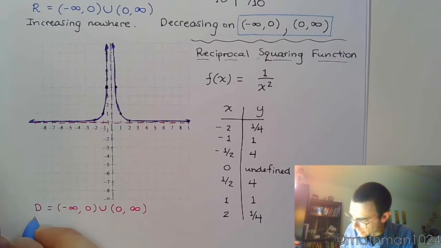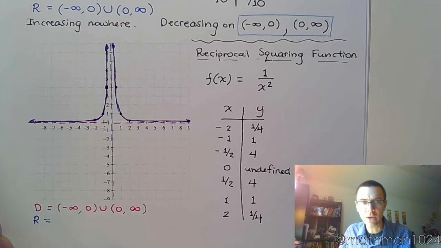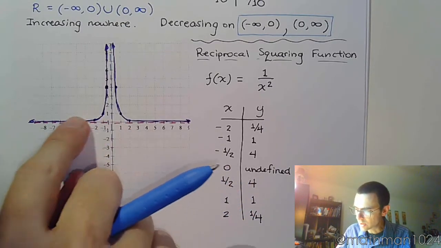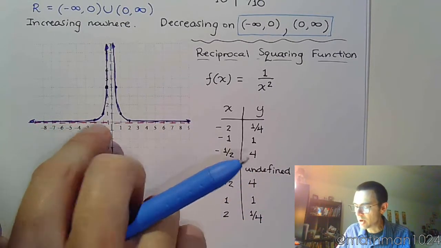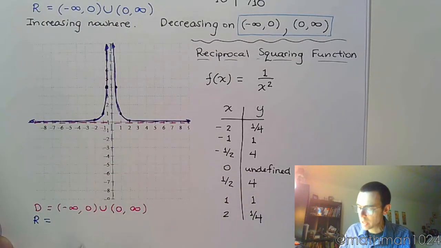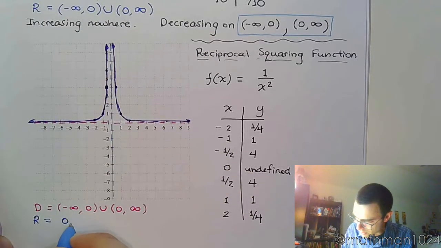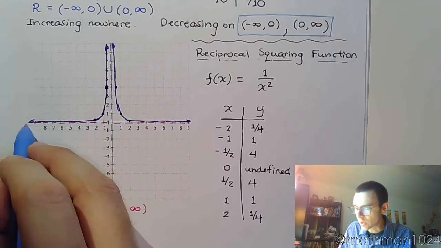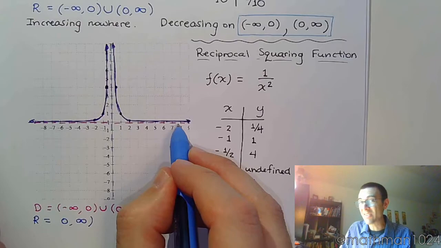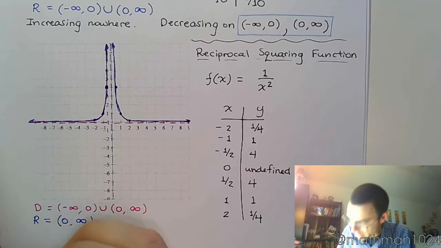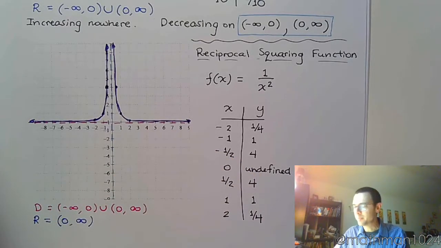So the range is going to be a little bit different because it doesn't go all the way down. He doesn't start until you get right here with a y value of 0, and then he just goes up. So that's going to be from 0 to infinity. And since we have this horizontal asymptote, we know that this guy's never going to equal 0. So he's going to have parentheses on that.